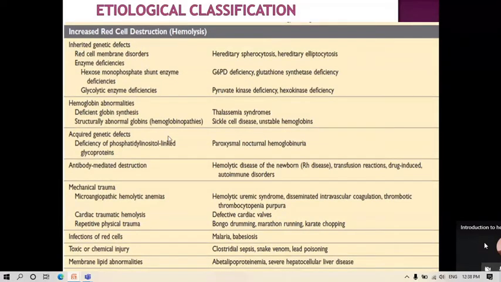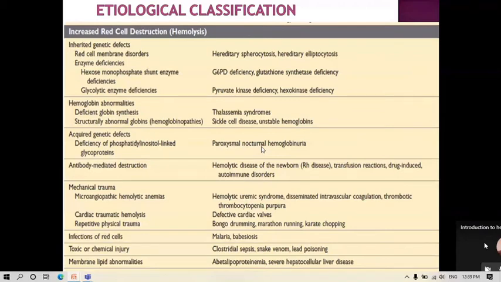And PNH, an acquired genetic defect. I just want to tell you a few things about PNH which you should know. RBCs have some anchor proteins which are very protective to RBCs, WBCs and platelets. Those anchor proteins should always be there, like CD55, CD59. They are GPI linked proteins.